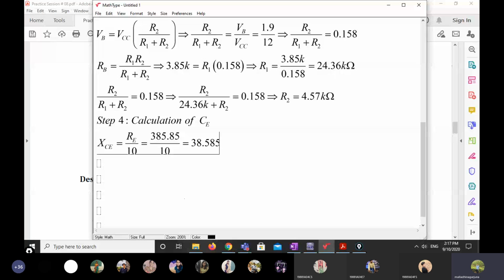Now CE, the bypass capacitor, CE equal to 1 divided by 2 pi FL into XE, equal to 1 divided by 2 into pi into 15 into XE is 38.585. So what is the answer?